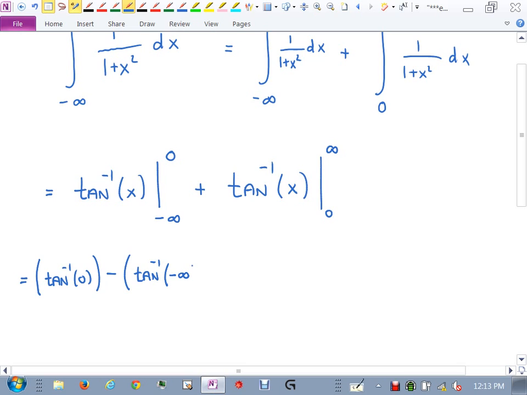Negative infinity plugged in, plus, now arctangent of infinity, then minus arctangent of 0.